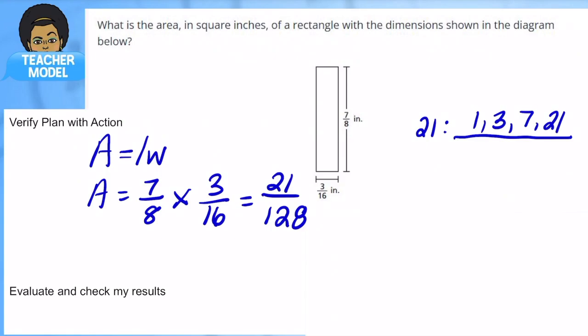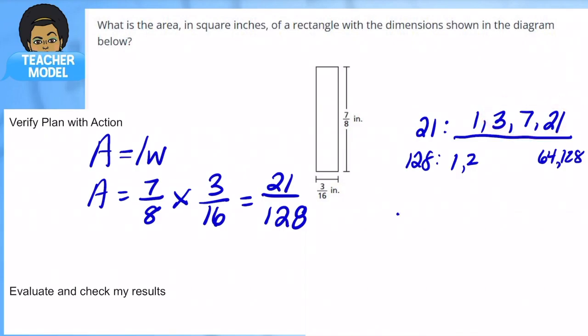I want to check, is 3, 7, or 21 a factor of 128? That is just easier to me than trying to sit here and think of all the ways to get 128. This is going to just take me a very long time, and I might make a mistake and mess up. So it's easier for me to use my division with these 3 numbers.